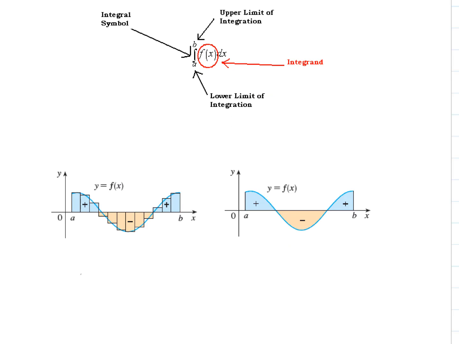And one more piece. We have not specified that f of x has to be positive. Now, when f of x is positive, the rectangles in our Riemann sum all have positive area.